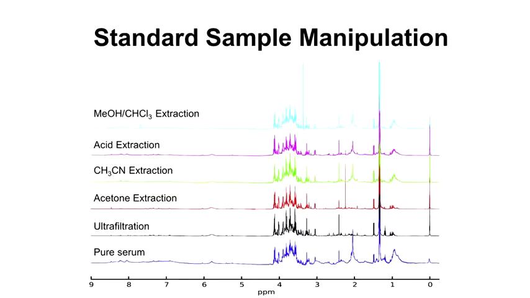One is ultrafiltration, which gets rid of the lipoproteins very nicely. Acetone extraction gets rid of lipoproteins pretty well, but also a few other metabolites. Acetonitrile, which historically used to be the one commonly used, doesn't quite get rid of lipoproteins. Perchloric acid damages your sample quite severely. And then methanol chloroform selects primarily hydrophobic metabolites.